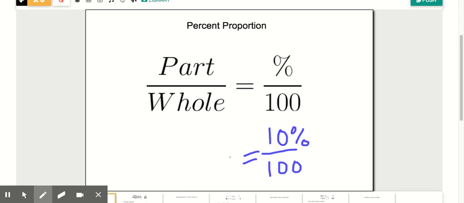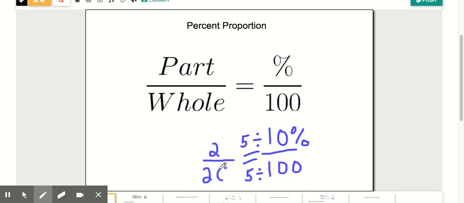I can tell myself, all right, 10 and 100, I can divide both of those by 5 to make my equivalent ratio. 10 divided by 5 is 2, and 100 divided by 5 is 20.